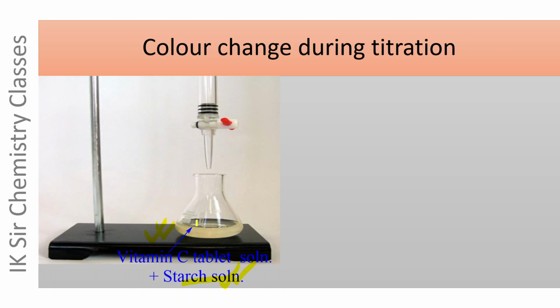The solution of this kind is obtained. 0.005 molar iodine solution is taken in the burette and it is added dropwise to the conical flask. Iodine reacts with ascorbic acid. Iodine is consumed to oxidize ascorbic acid to dehydroascorbic acid.